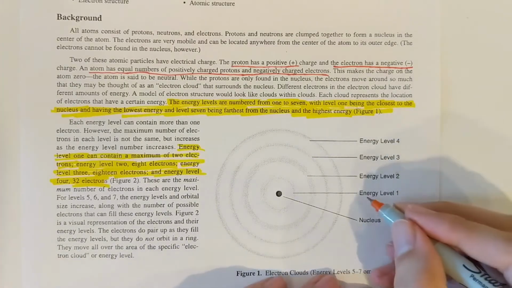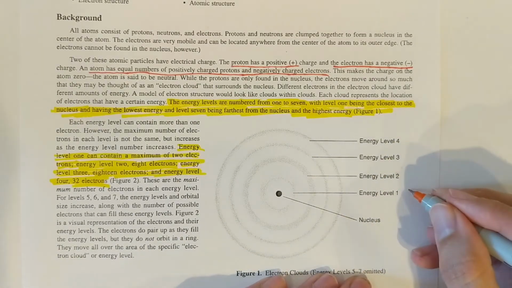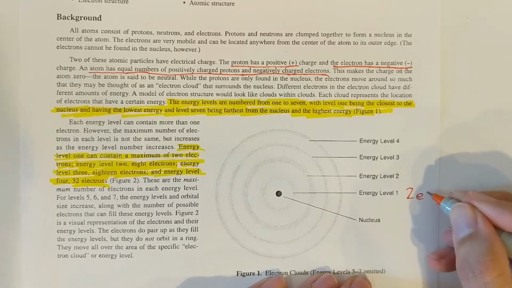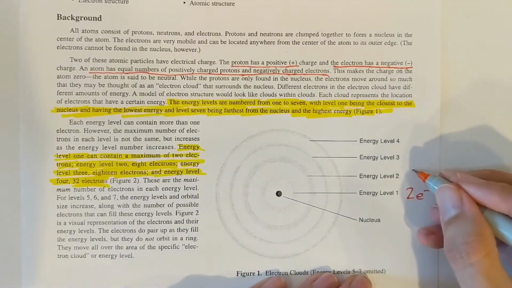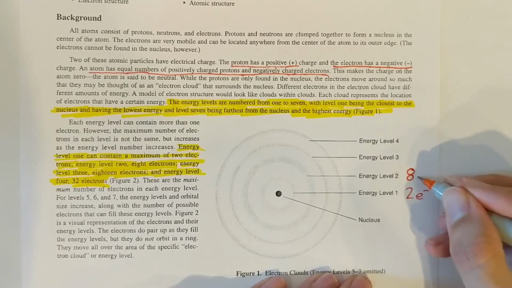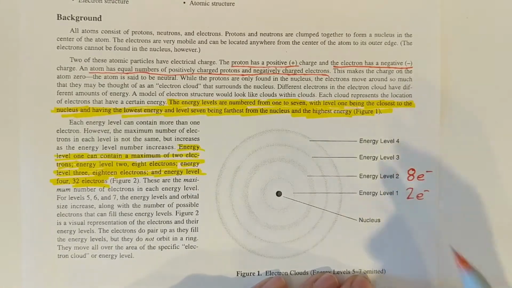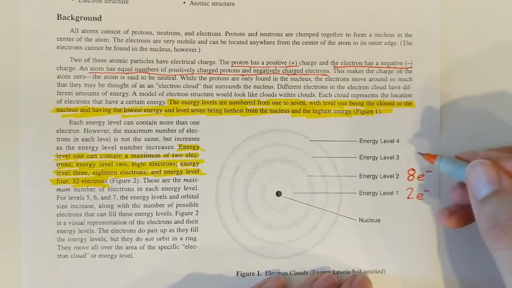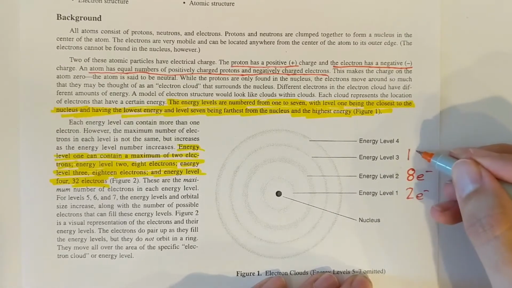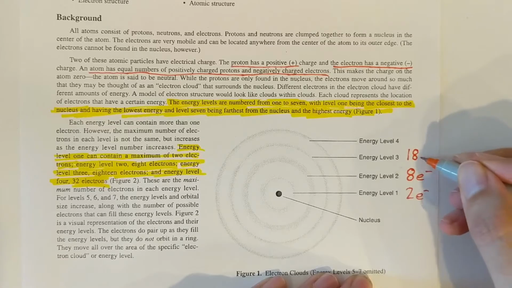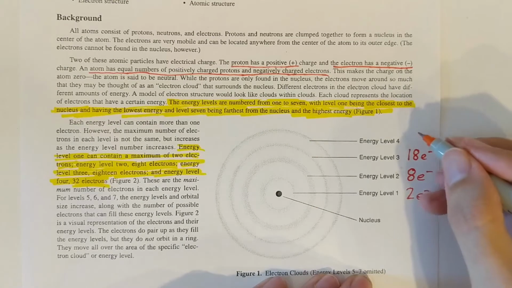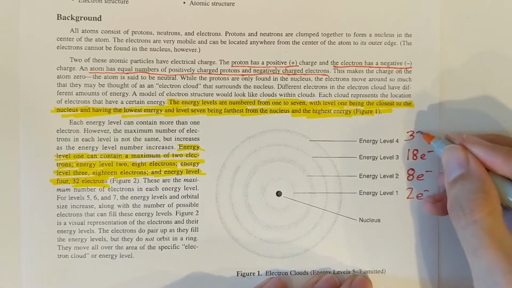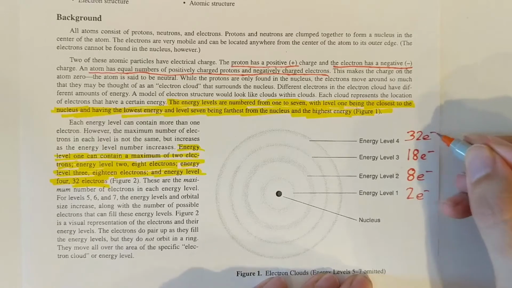So I could even write here, in energy level 1, we said we can only have 2 electrons before it was full. In energy level 2, we said we could have up to 8 electrons. And in energy level 3, we said we could have up to 18 electrons. And we said in energy level 4, we could have up to 32 electrons.